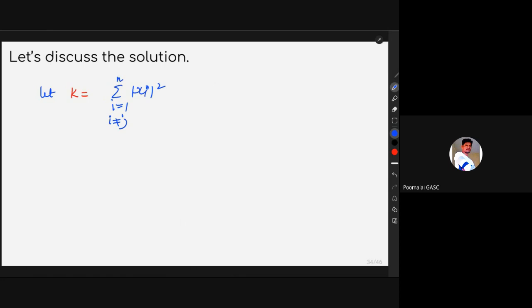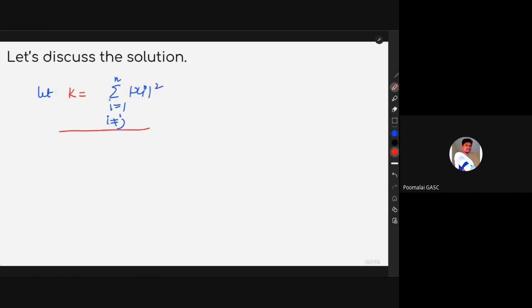This is a shorthand notation to write that I am excluding xj from this summation.